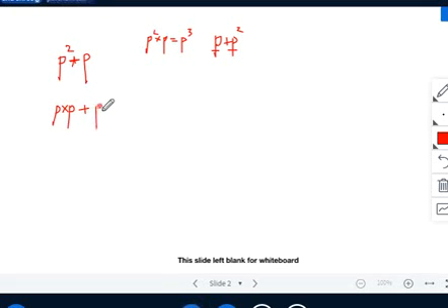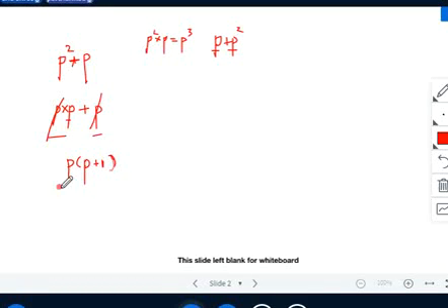Now in p times p and in p, which is the common term that you can see? The common term p. So I would take out p and then make a bracket. If I take out common p, only one p is remaining here, and only one is remaining here, so it's p plus 1.